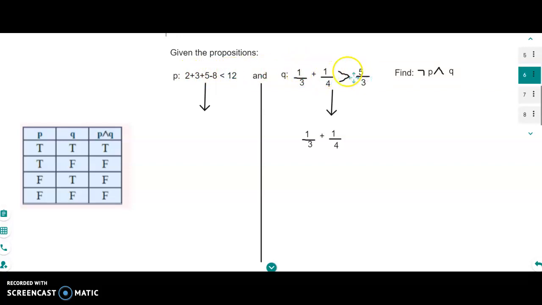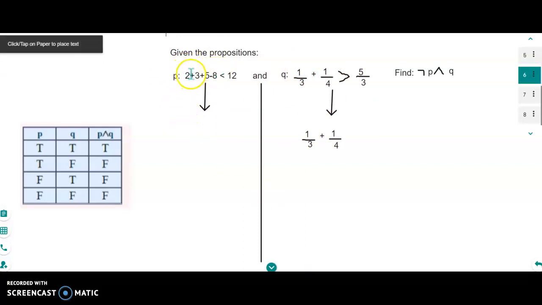And the other one says 1 over 3 plus 1 over 4 is greater than 5 over 3. How can we find the denial of P and Q? So first of all, we have to find the true value of P and the true value of Q. And how can we find it? So we have to solve this operation, okay?